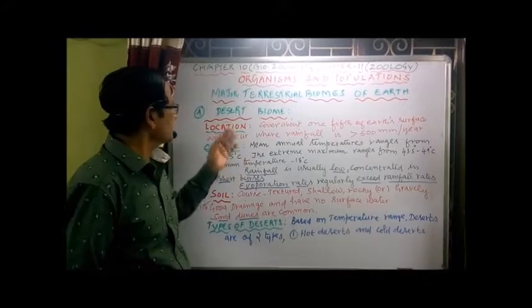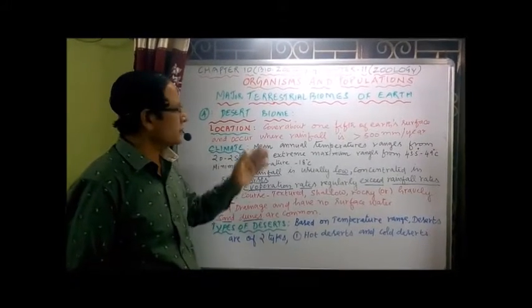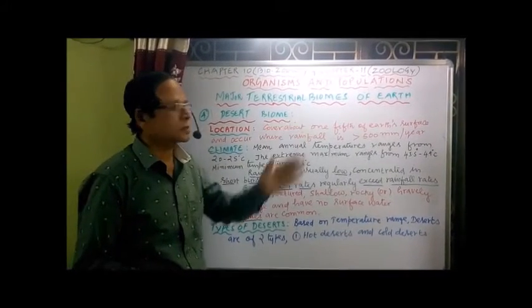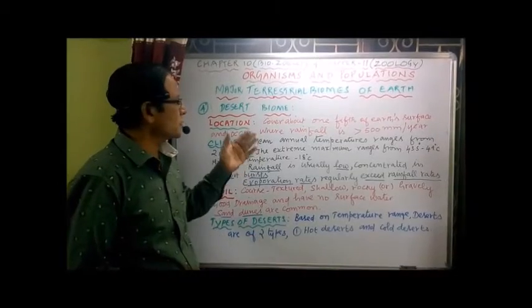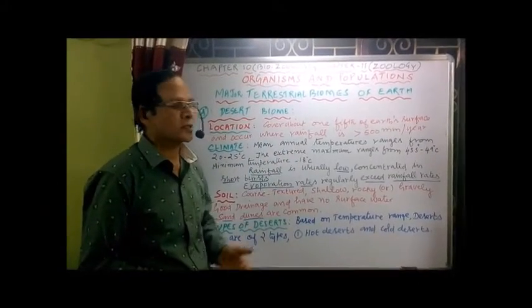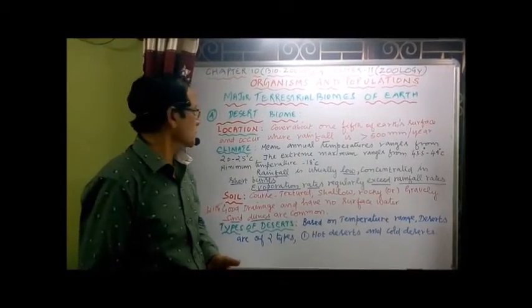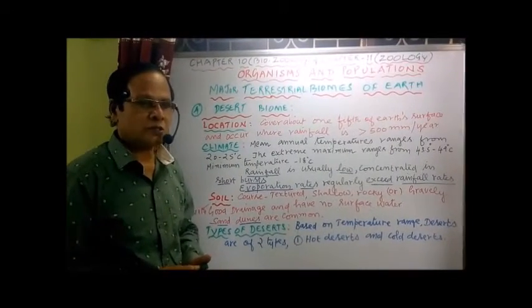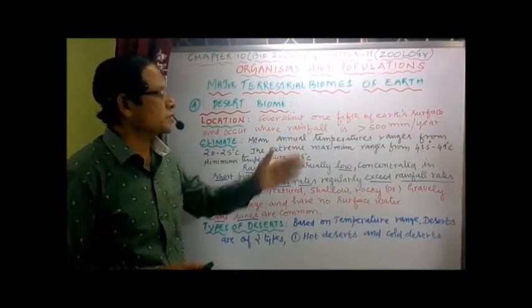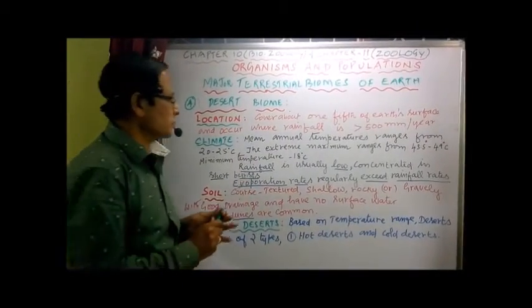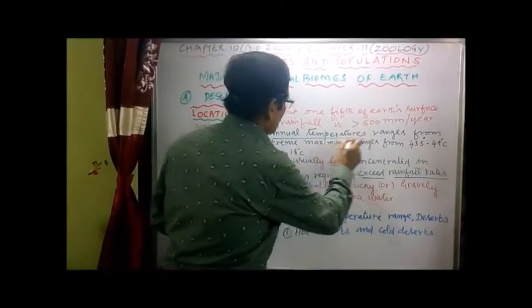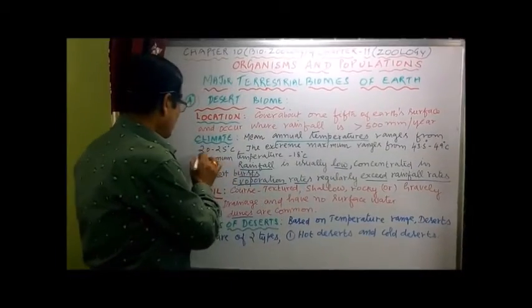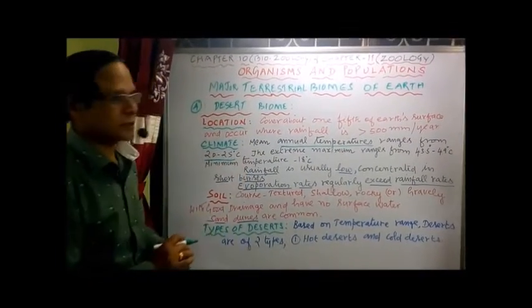Now the next is the desert biome. It covers about one fifth of Earth's surface, where the rainfall is less than 500 millimeter per year. About the climatic conditions regarding temperature, the mean annual temperature ranges from 20 to 25 degrees Celsius.